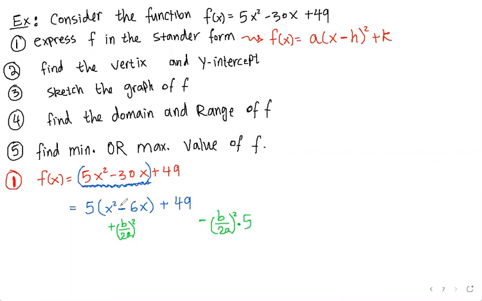So inside the parentheses I add this value, and outside I subtract this value. Let's do it. What is b over 2a? b is 6, a is 1 here. What is the value?